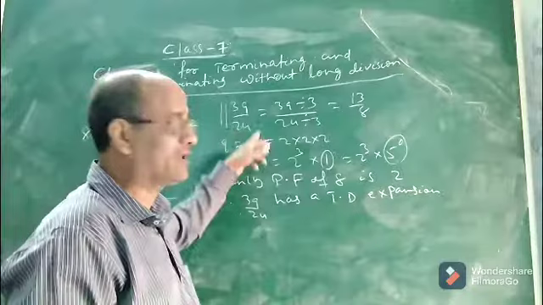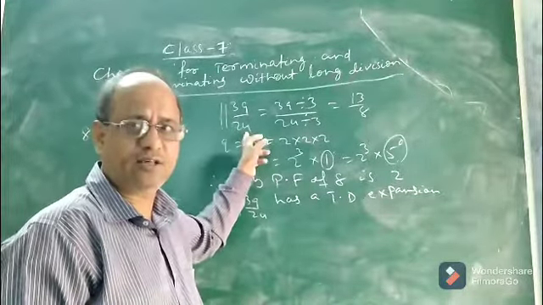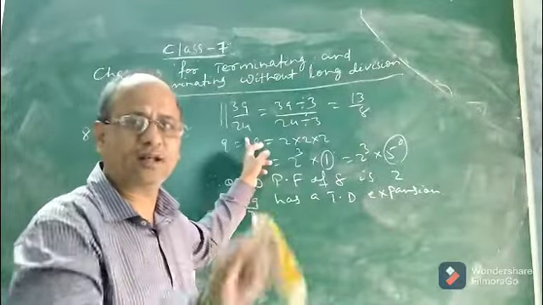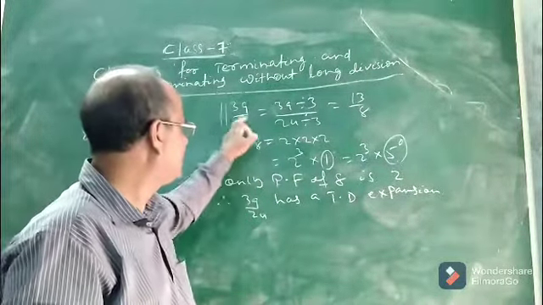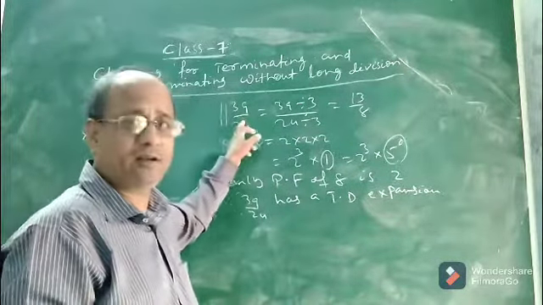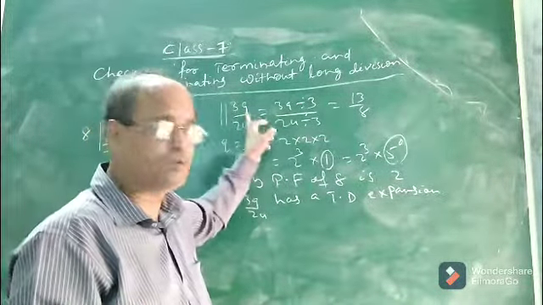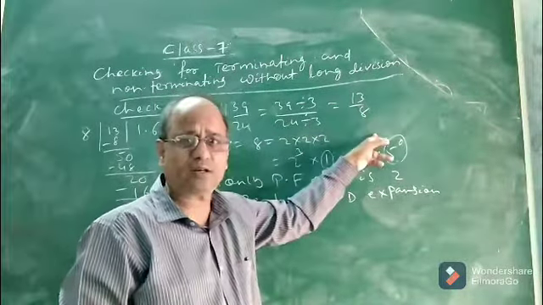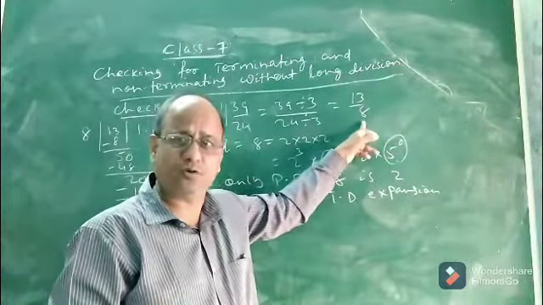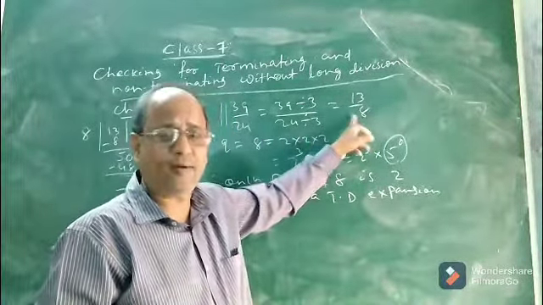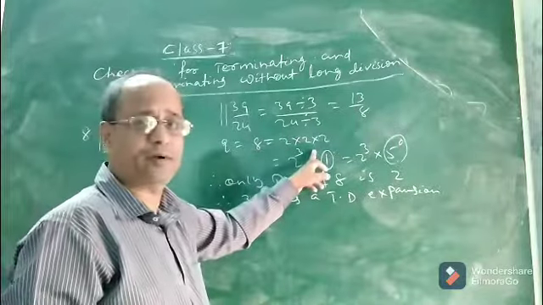Whatever rational number is given, first you see whether it is in lowest term or not. If it is in lowest term, then there is nothing to do. That means this denominator will be the value of q. But if it is not in lowest term, first you reduce it into lowest term. Here I have reduced. After reducing into lowest term, see what is the value of q. You find the prime factorization of q.